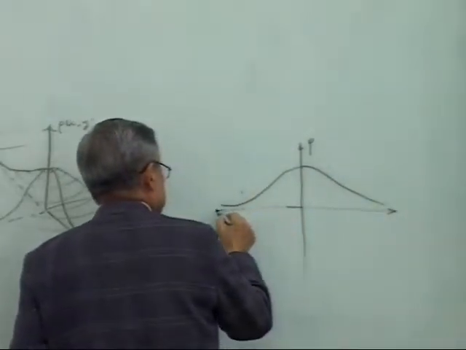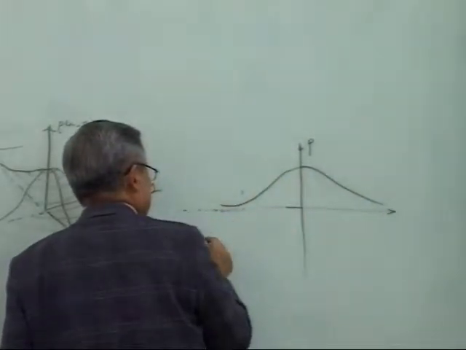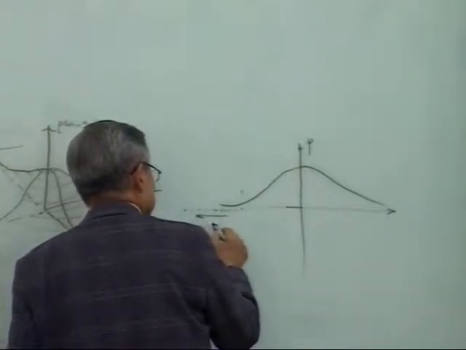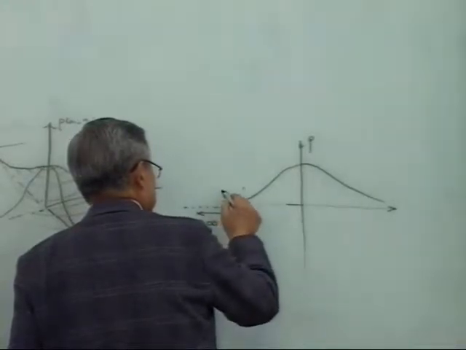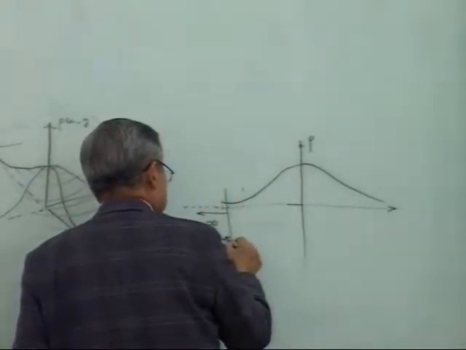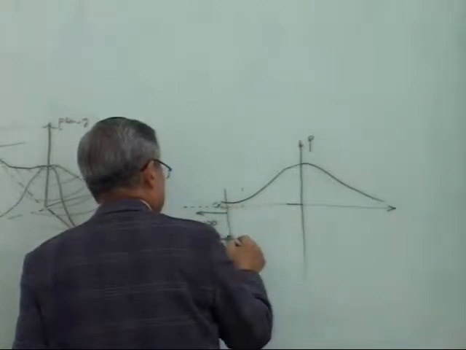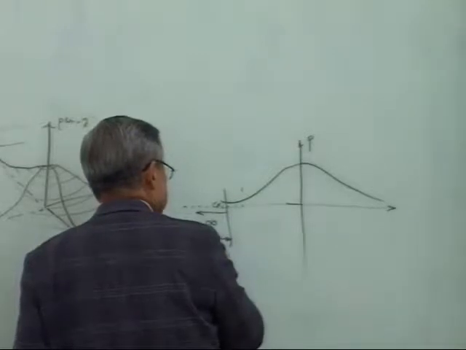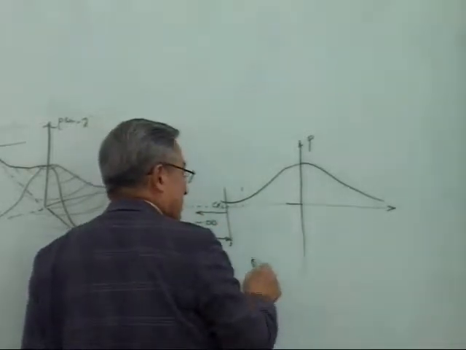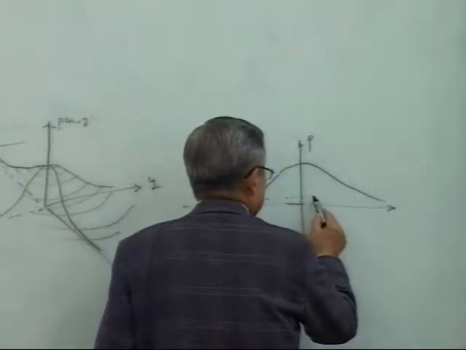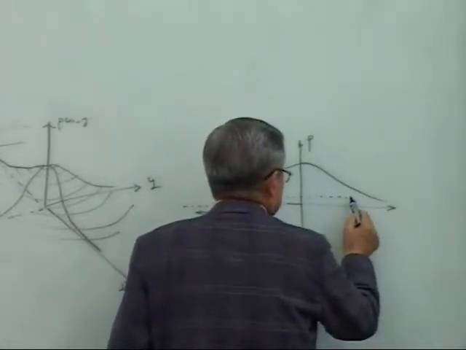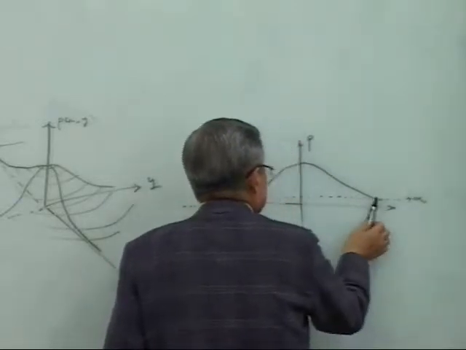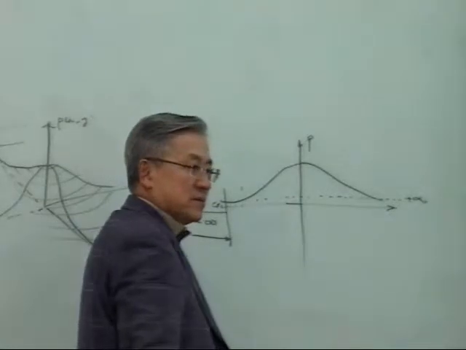It goes to negative infinity. As it approaches the negative direction, this is minus infinity. So if you want to add all the area here, then as this threshold goes to negative infinity, the area is 0. But if you keep adding up the area as x approaches infinity, it contains the whole area. Make sense?